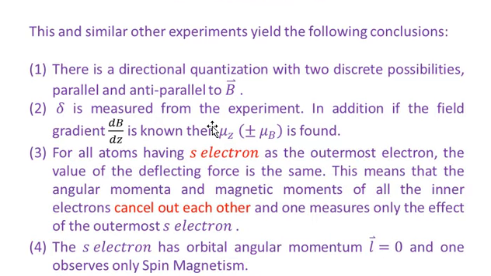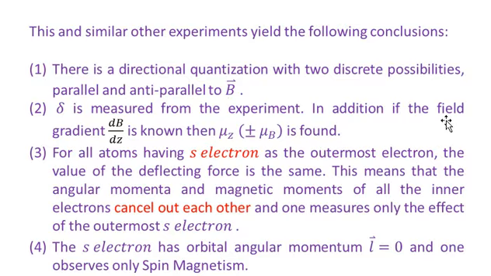Now I am giving you some conclusions based on this experiment and on many other similar experiments. Number one, there is a directional quantization with two discrete possibilities, parallel and anti-parallel to B. Delta is measured from the experiment.